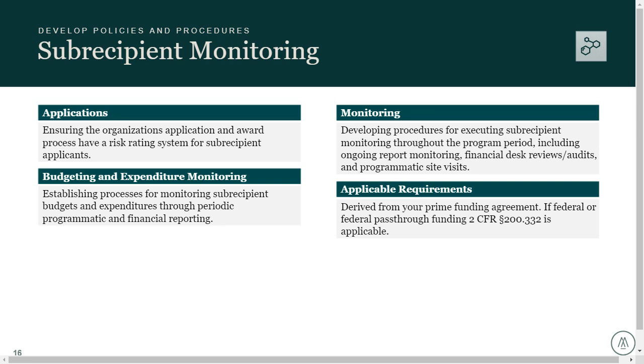Are you going to do desk reviews or audits on those subrecipients? And if so, when are you going to do those? And then site visits if applicable to your grant fund, where you actually go out to their site, and sometimes that's measuring doorways to make sure they're ADA compliant or that they have specific signs posted within a facility.